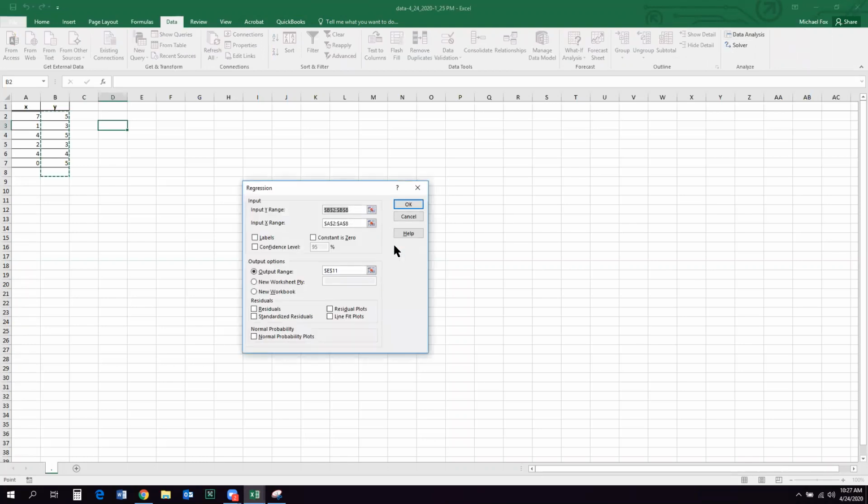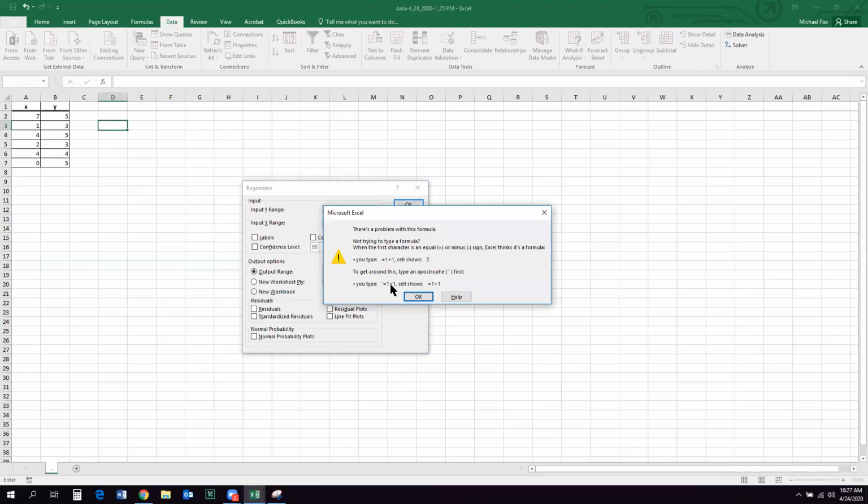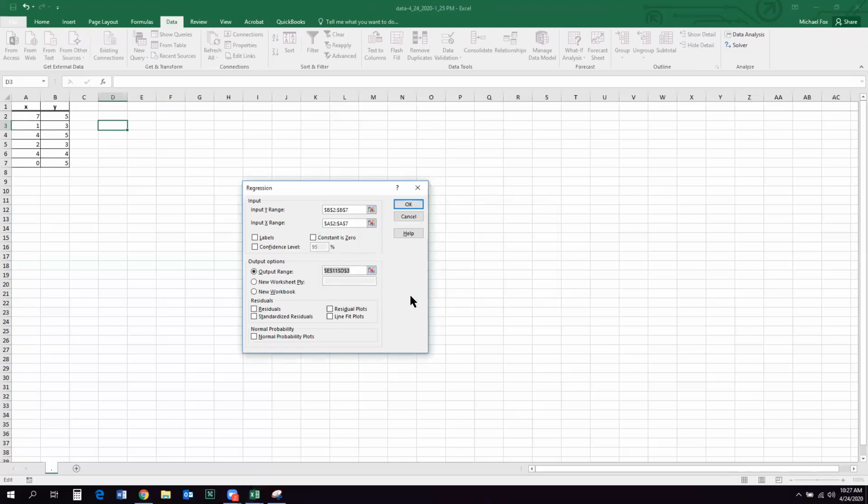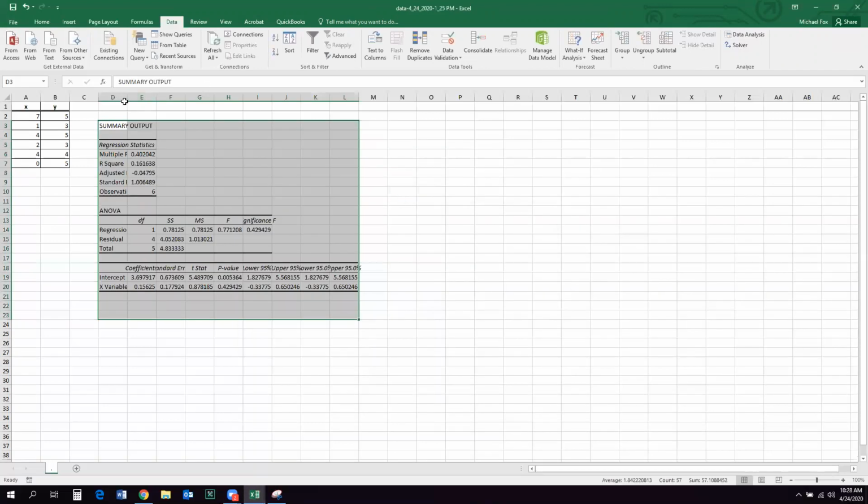Regression. Our Y range. Our X range. Our output.